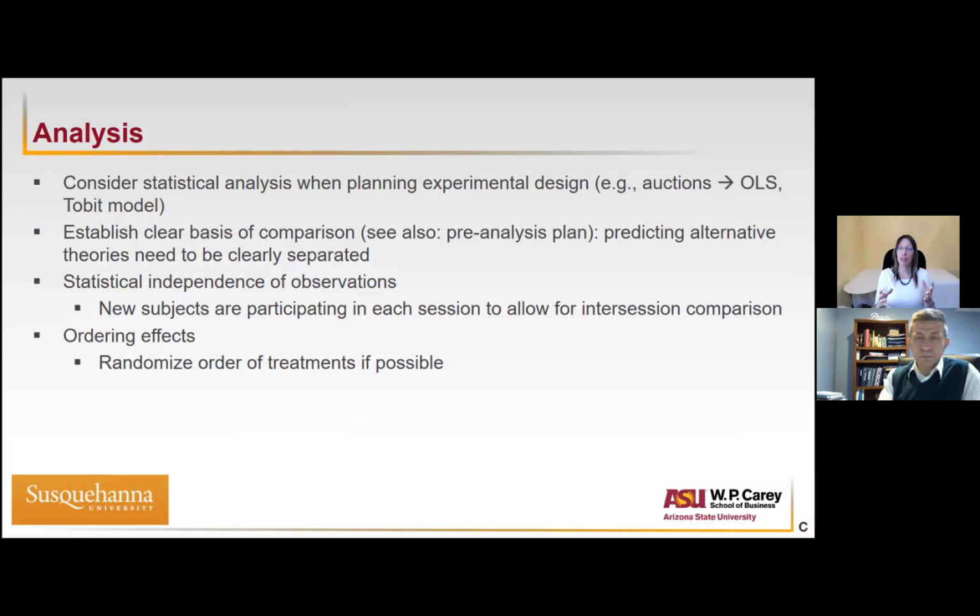That will allow you to respond to reviewers who say, how can I know that this result is not just because something else was always first? If you have it randomized, then you can say, no, sometimes this was first, sometimes the other one was first, so it was completely random.